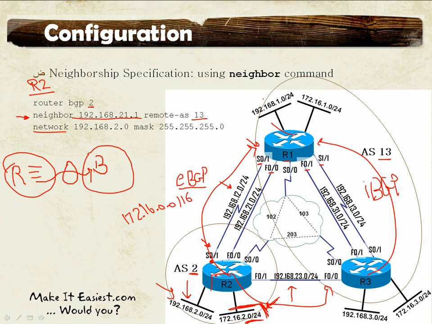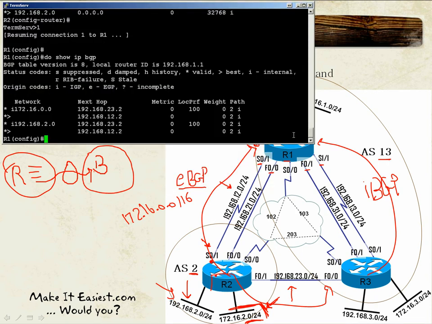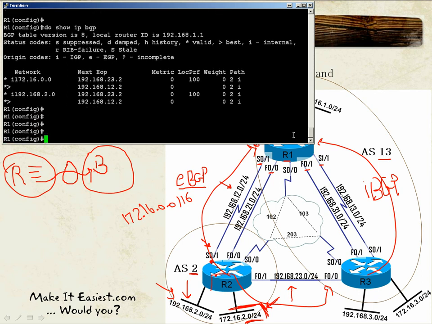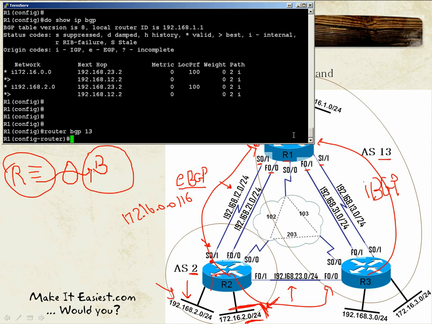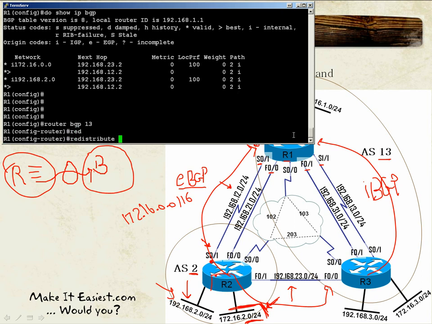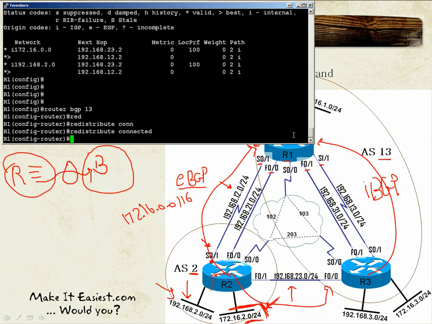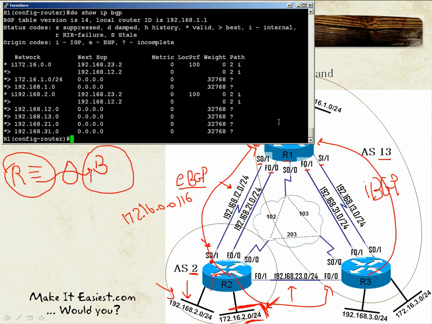To do so, I'm going to go over to router 1 and at the routing process, router BGP 13, I'm going to tell the router to redistribute connected and hit enter. This way, router 1 should take all connected networks and put them inside the BGP database, and indeed, yes, it has done so.